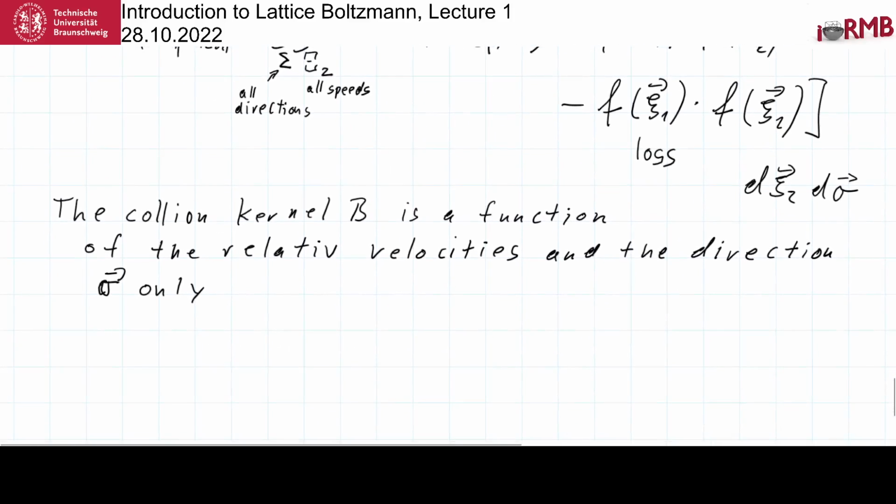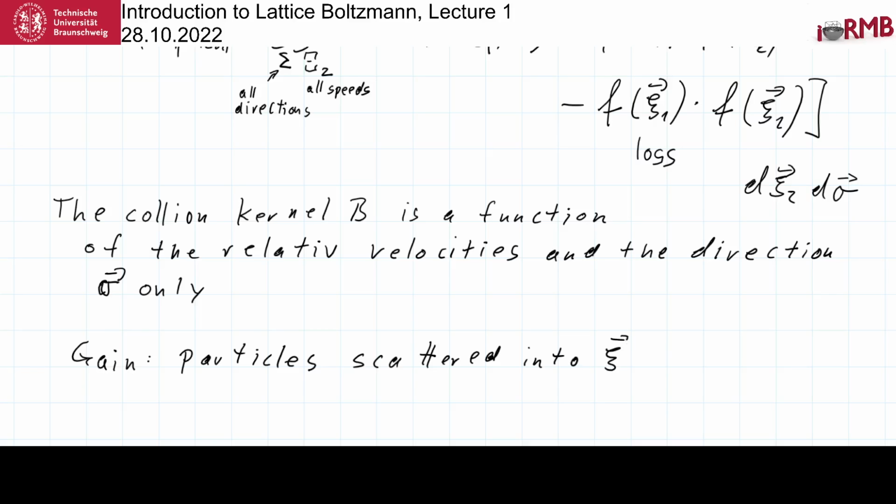And we have to distinguish between this gain term, the particles, as we say, scattered into this particular velocity, and the loss, the particles scattered out of a particular velocity state.